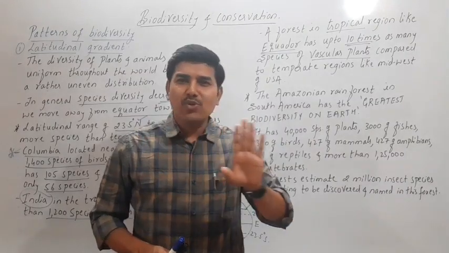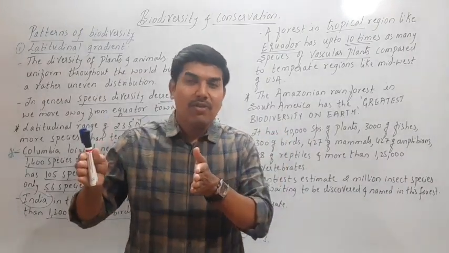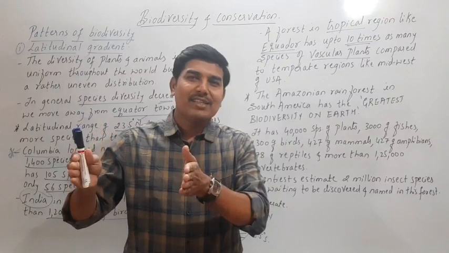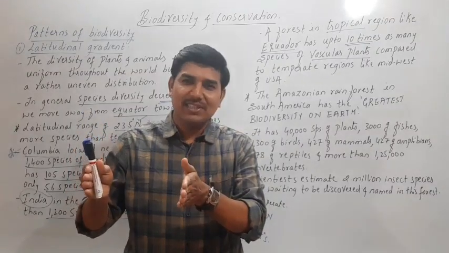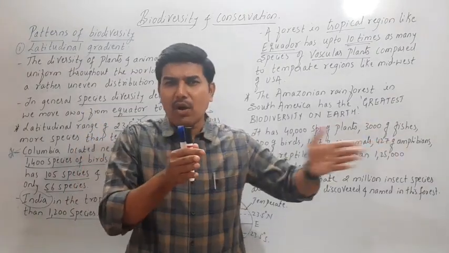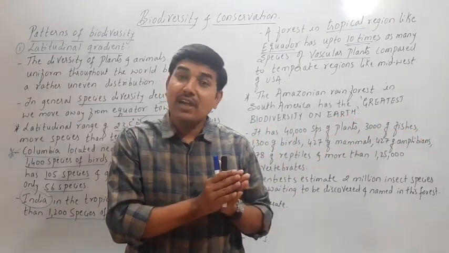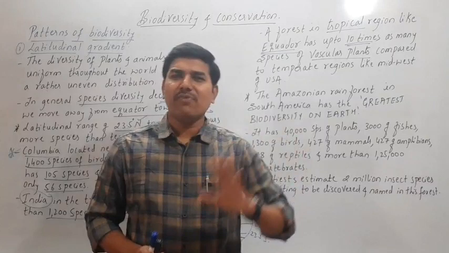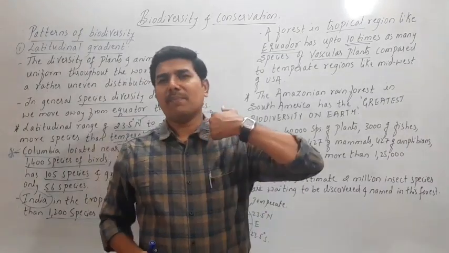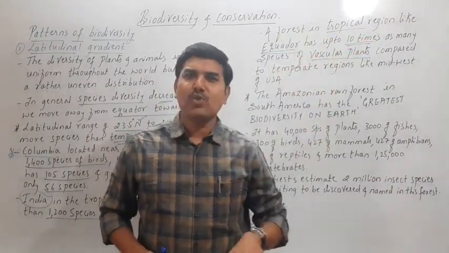If there are no fluctuations in the temperature of a particular region, it consists of a maximum number of species. If there is a lot of fluctuation in the temperature, the species cannot survive. And suppose the temperature is very severe, too high or too low.